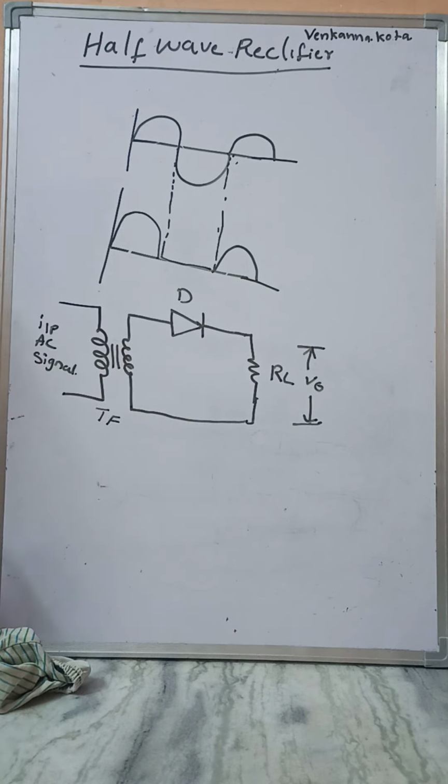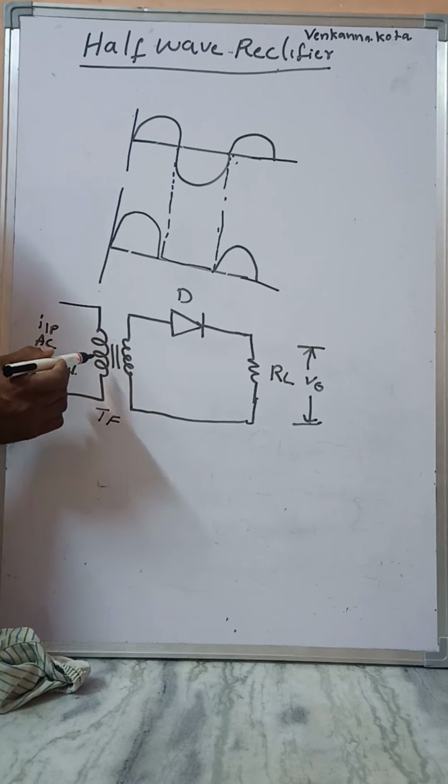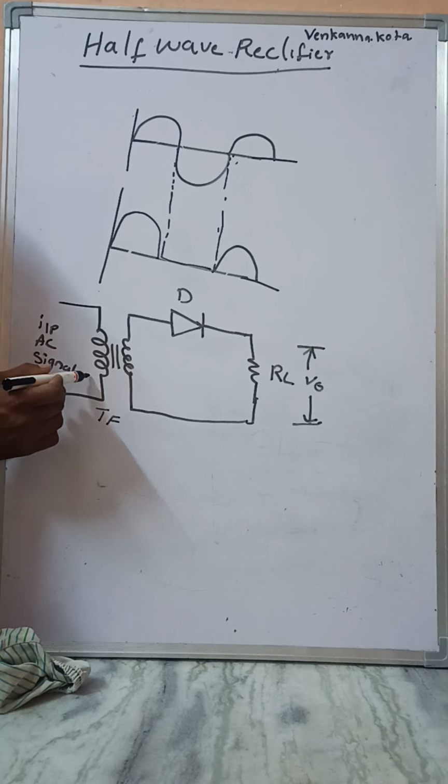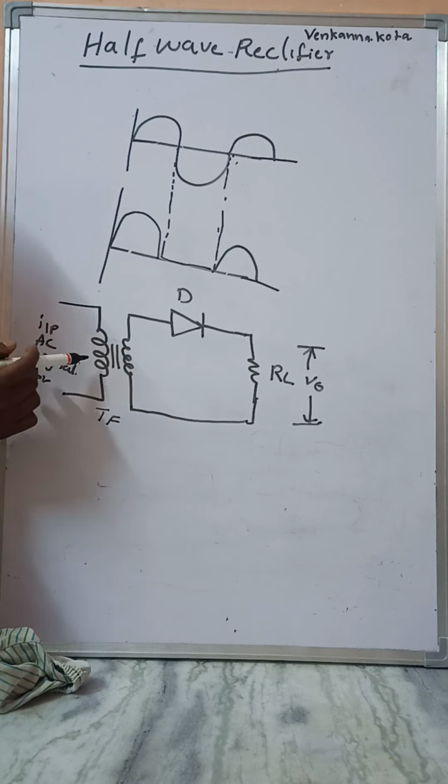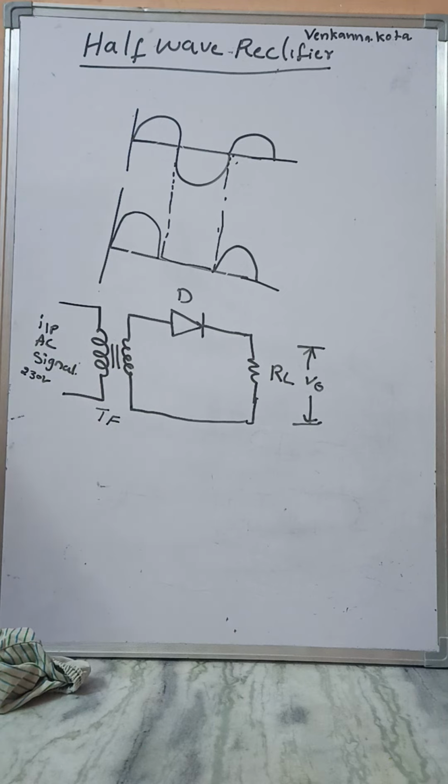The input AC signal is 230 volts, which is connected to the transformer, consisting of a primary winding and a secondary winding. The lines indicate the mutual connection between the primary and secondary windings.